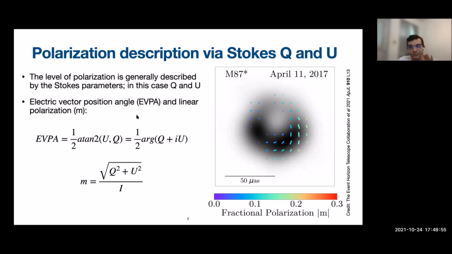The EVPA corresponds to the tick marks that we observe in this image over here. By studying the patterns of these tick marks, we can better understand the properties and structure of the magnetic field surrounding the accretion disk of black holes.